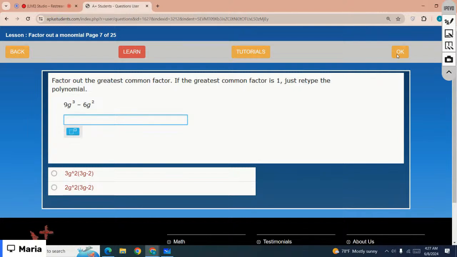Factor out the greatest common factor. If the greatest common factor is 1, just retype the polynomial. So which is the correct option?